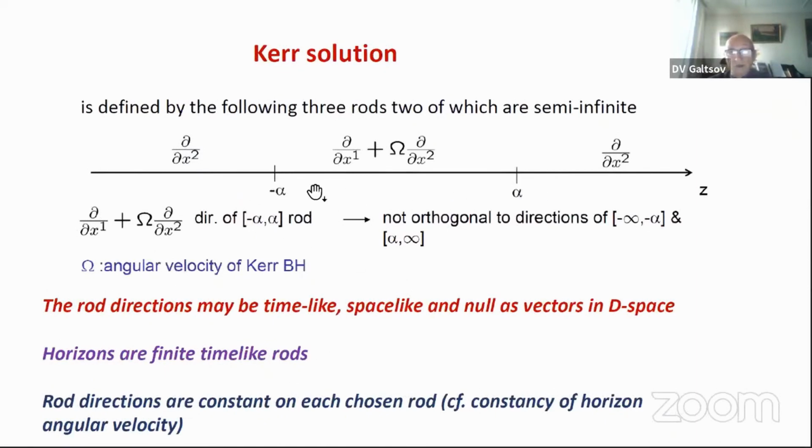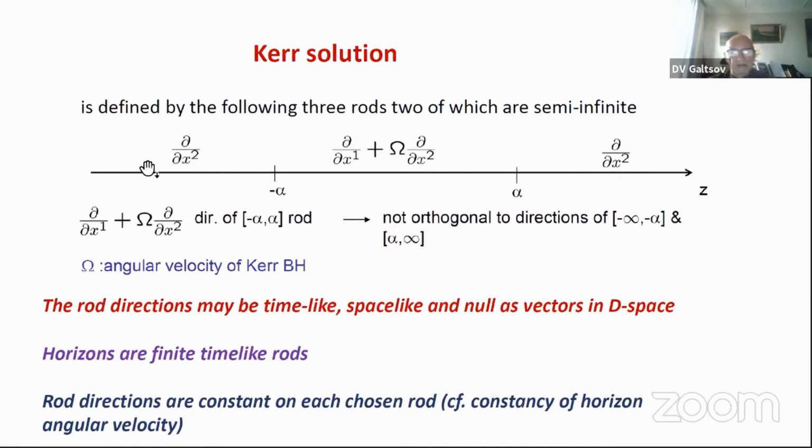The rod structure of Kerr is the following. There is a horizon rod between points minus alpha and alpha. It is just the position of the horizon with Weyl coordinate r equal to 0 on the axis. And the direction is dt plus omega d phi, where omega is the angular velocity of the horizon.